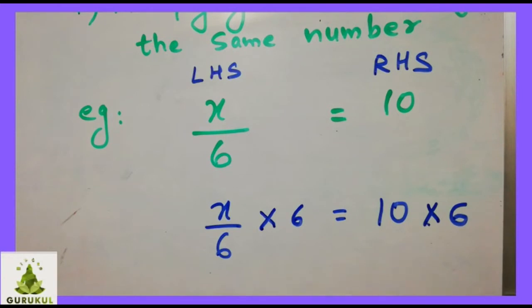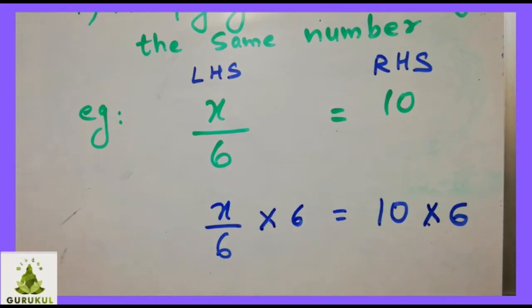Then only they will be balanced. If I multiply here by 20, it should be multiplied here also by 20. If I multiply here by 100, it should be multiplied here also by the same number, 100. Is that clear? Whatever operation you do on the LHS, the same operation you should do on the RHS, so that both the sides are balanced. Here I showed the multiplication operation.